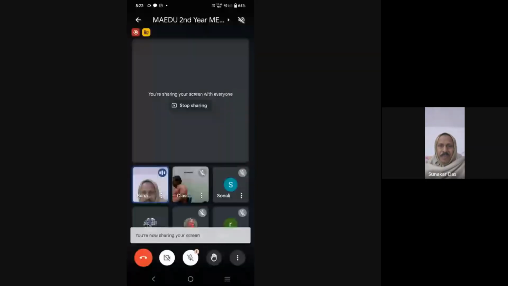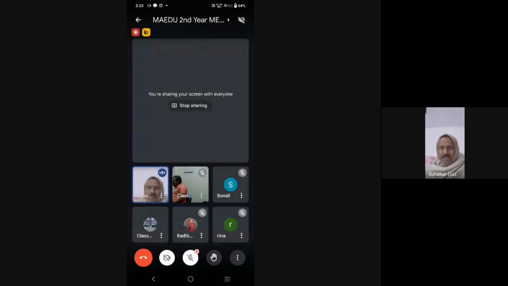These transparency papers are made prior to the teaching, and the teacher uses them through the overhead projector. Micro image system, microfilms, microfiche, microcard, all these things come under this visual aid.